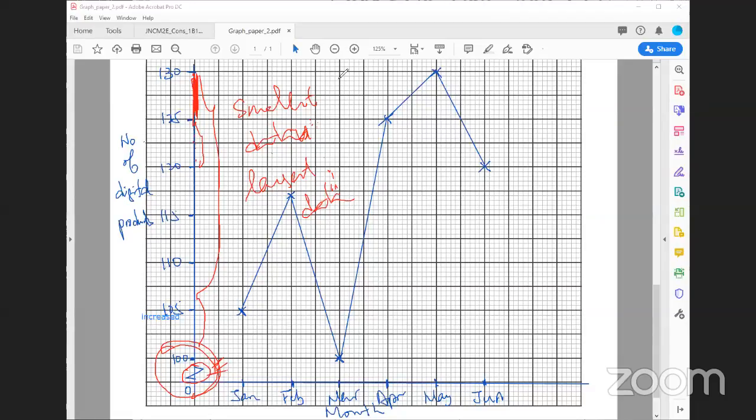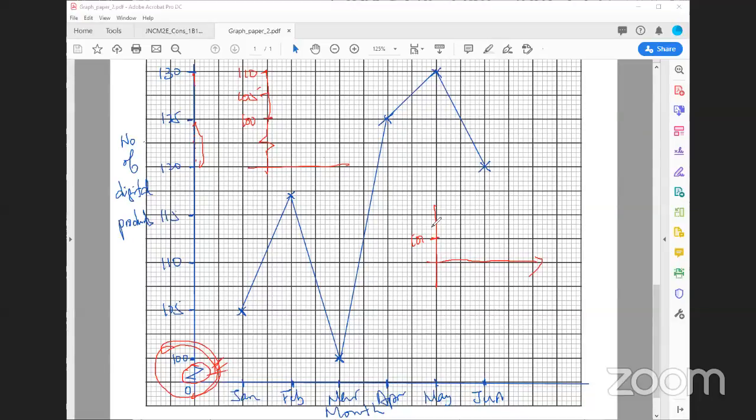But of course you can use, say, 100 and then 105. It is also okay, right? But of course it is not very good if you squeeze your diagram too much.